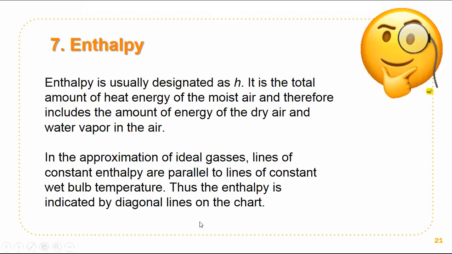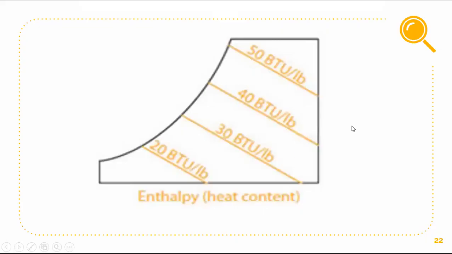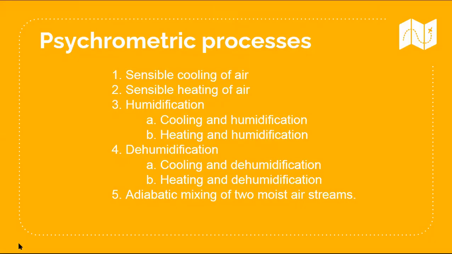So those are enthalpy lines also. And these are the lines if you only isolate this particular part of the psychrometric chart. On top of these lines are the wet bulb temperatures. Okay, so these are the 7 properties that we can read from our psychrometric chart given the conditions.